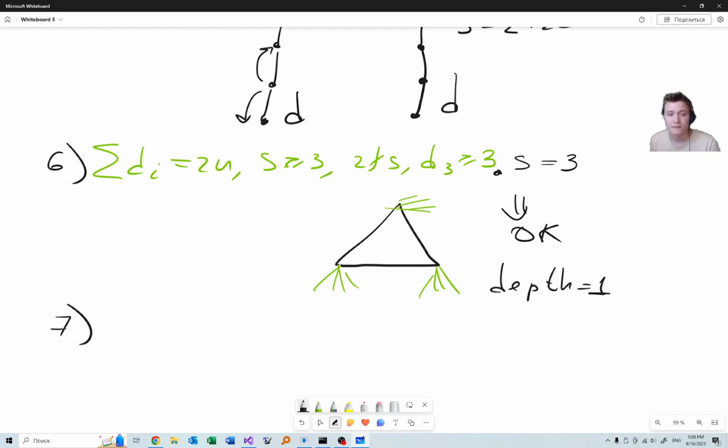Okay. Case 7. Let's again rewrite it. Sum of di is 2n. s is at least 5 now, because 3 is eliminated, and 4 is impossible because of the parity of the number. 2 does not divide s, and d3 is at least 3. What we will consider now is whether or not d1 is at least 4.